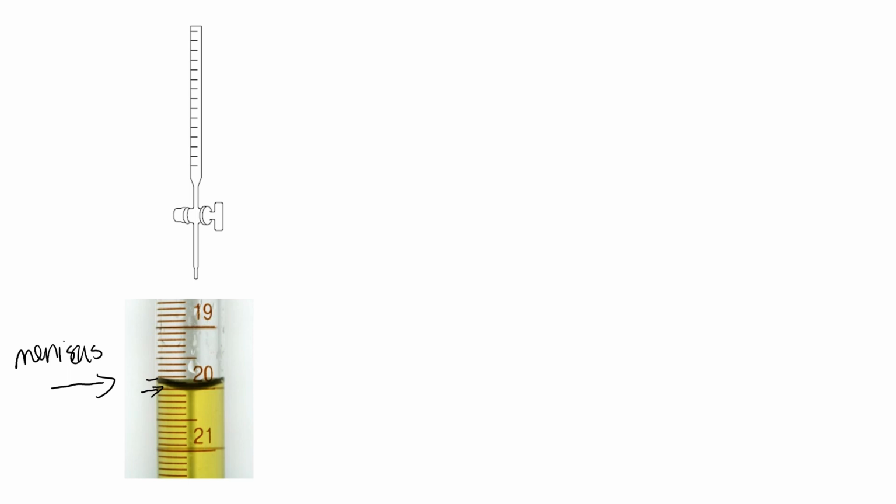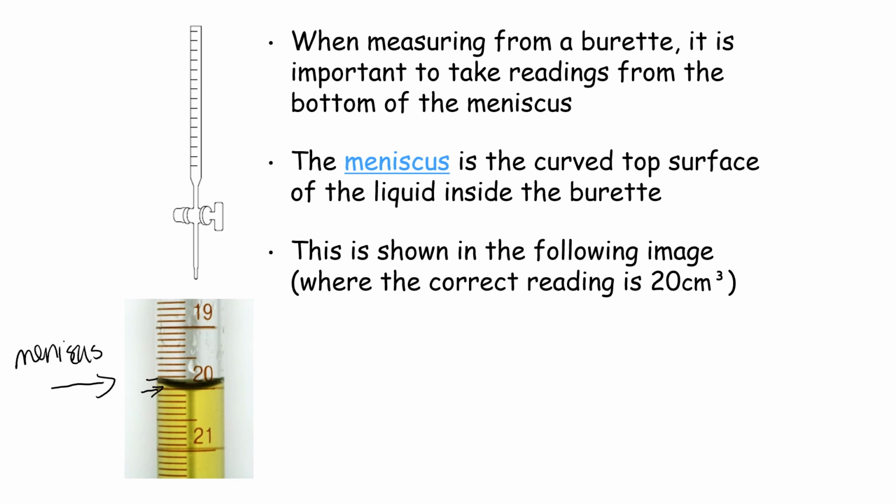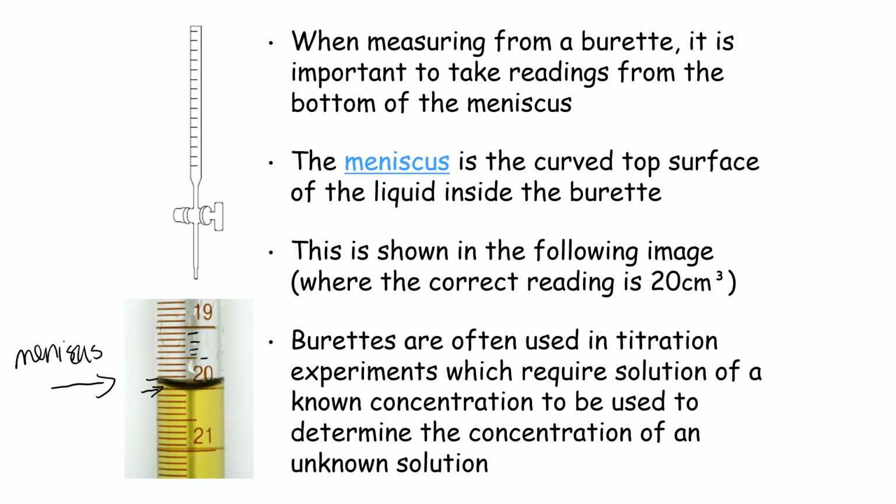You want to read it from where the bottom of that curve touches the scale, not the top. Okay, so you can see that on this one, the precise value is 20, because remember you're counting downwards. So 19.1, 2, 3, 4, 5, it's sitting on the 20 line, always measuring from the bottom of the curve.